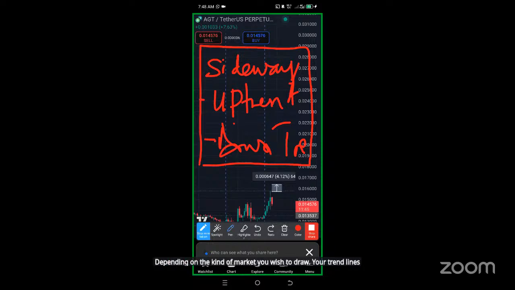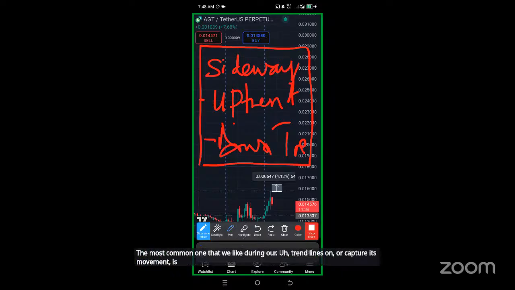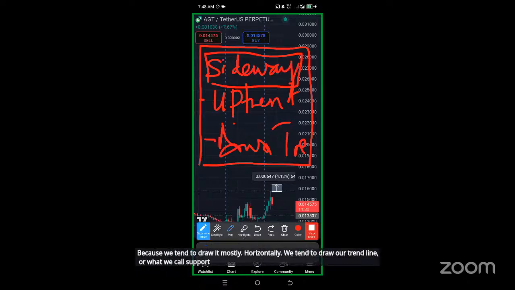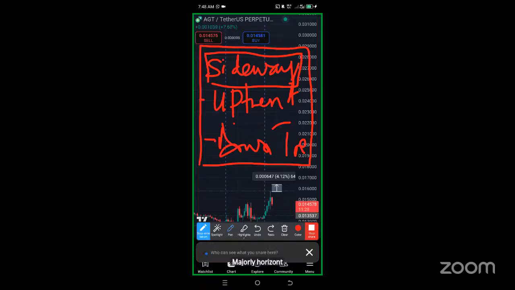The most common one that we like drawing our trend lines on, or capture its movement, is actually the sideways, because we tend to draw it mostly horizontally. We tend to draw our trend line, or what we call support and resistance, majorly horizontally. Okay?